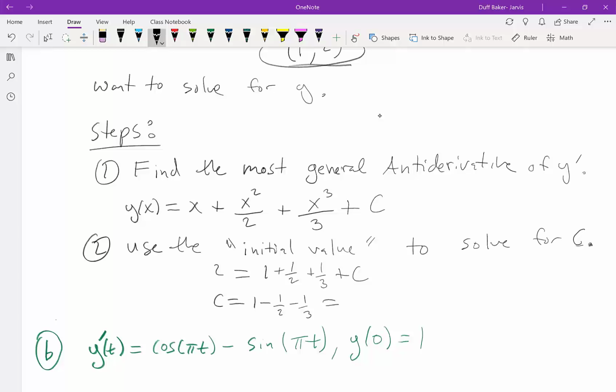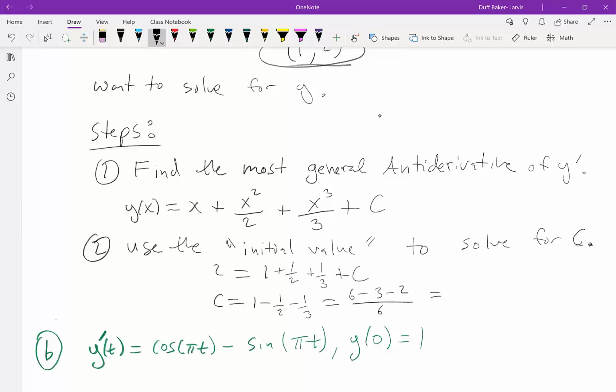And let's see, what is that? If we write that all in terms of thirds, or sixths, I guess, that would be 6 minus 3 minus 2.